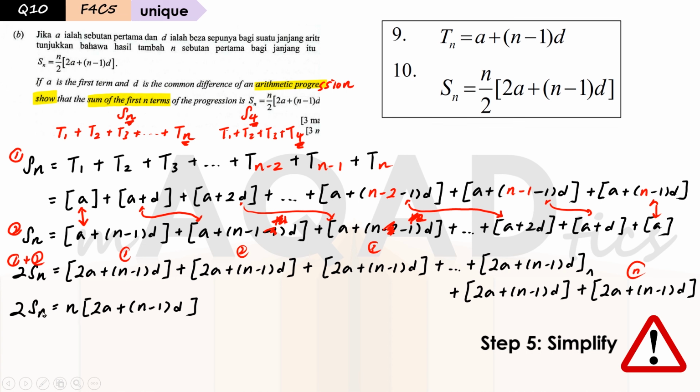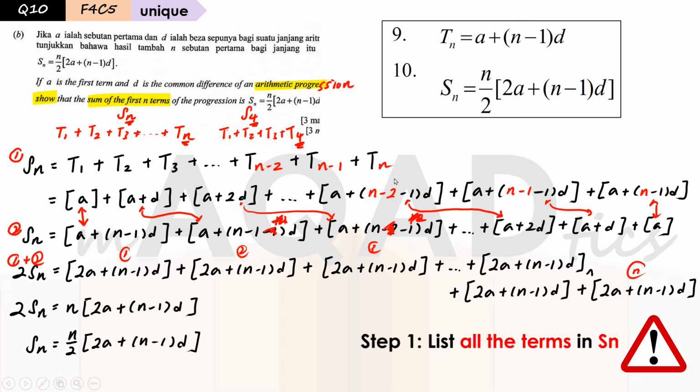Okay, so now we need to figure out Sn, right? So the 2, I'm going to move it to the right side. Alright, so as you can see, we have proven the formula. Okay, so what we need to do here is Sn. Let's list down all of the terms, and we use the formula to list out all the expressions.